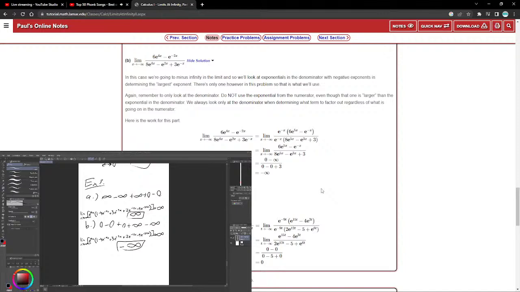Let's see, for this one, they're going to negative, so they look at the denominator, factor out the negative that's farthest away from 0. Cancel that out, plug in negative infinity. 0 minus 0, 0 minus 5. It's 0 over negative 5, and it's 0. Okay.